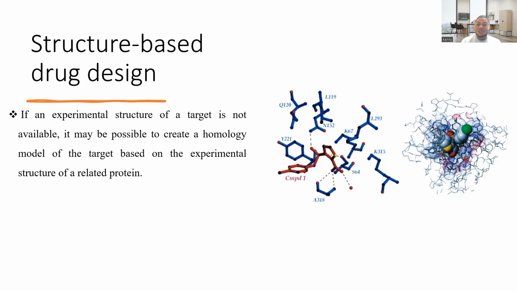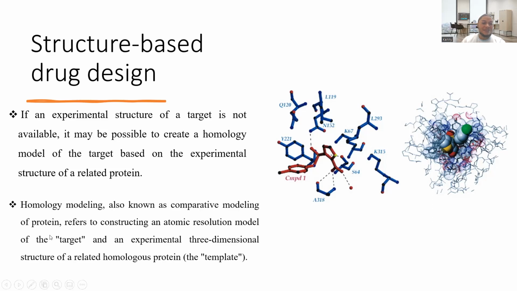So when you have the sequence of that protein and you feed it into this AI software, based on the amino acid sequence, it will look for other proteins that have a similar amino acid sequence, and use that to create a structure for the protein you are looking at. That is referred to as homology modeling.